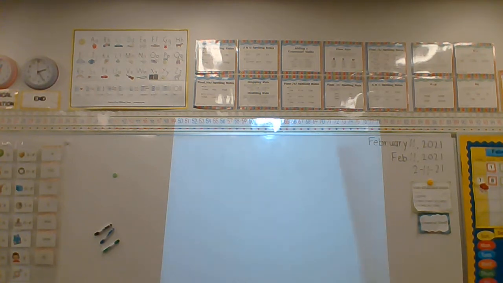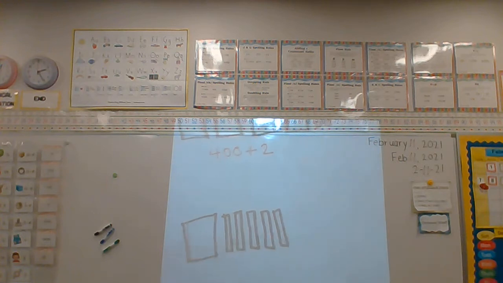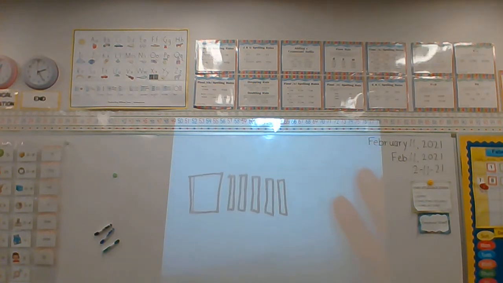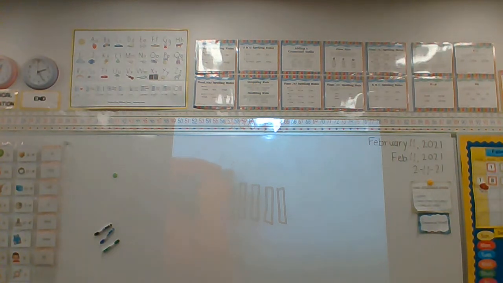All right, let's try another one. What do you see? How many 100 flats? Sorry, he's not very flat. He's not my best work. 1. How many 10 sticks? 1, 2, 3, 4, 5. How many units? 0? Okay, well, I just won't write it down. So that picture shows 15, right?